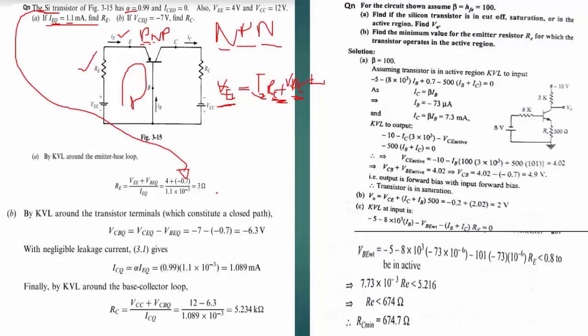Okay, inakuwa ni 0.7, so minus, so inakuwa VEE minus VBE over this current ya kwenye emitter, unapata R ya emitter. So we have this I ya emitter unayo, you can put and get the answer.